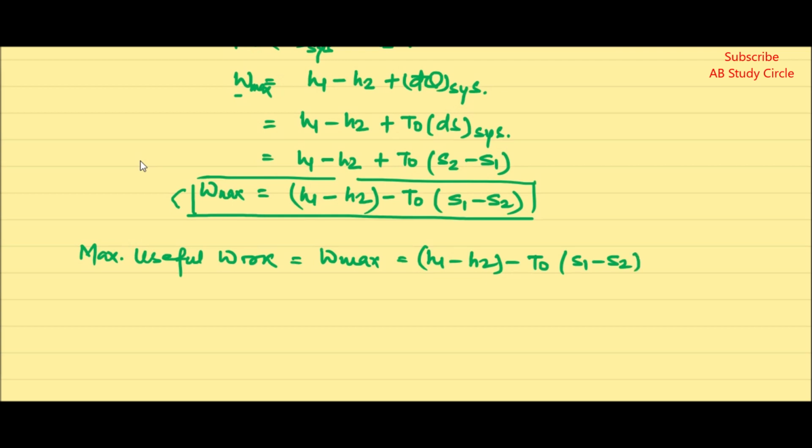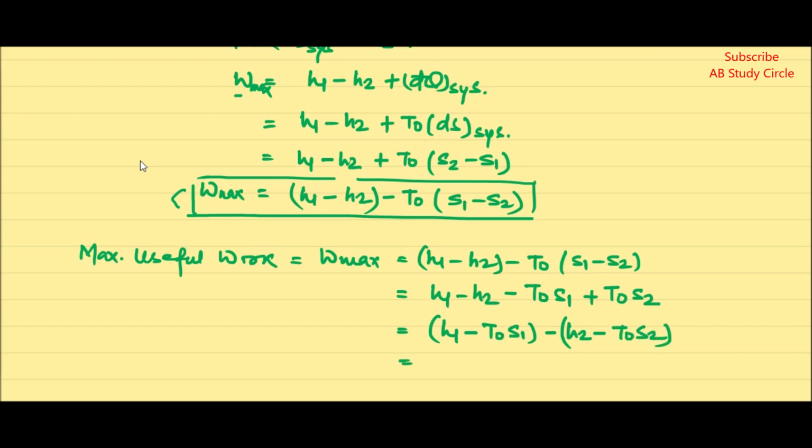Okay, from here I can write this as H1 minus H2, removing the brackets, minus T0 S1 plus T0 S2. So I will have this as H1 minus T0 S1, taking the state 1 conditions on one side, minus H2 minus T0 S2.